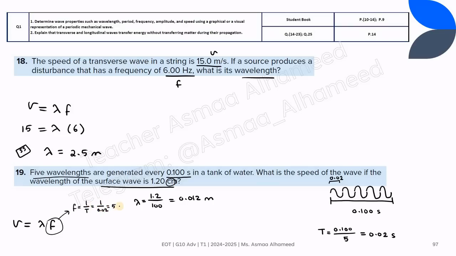This will be 50 Hertz. Now V is unknown, lambda is 0.012 and the frequency is 50, so the speed will be 0.6 meters per second.